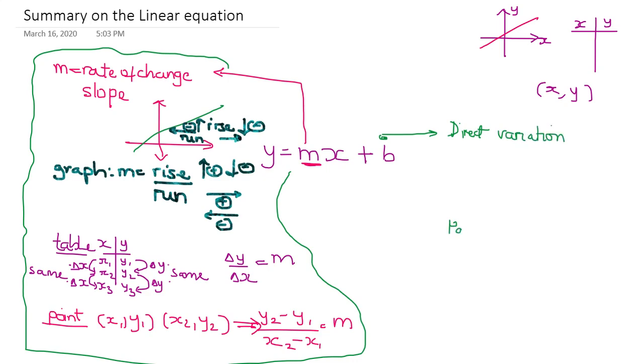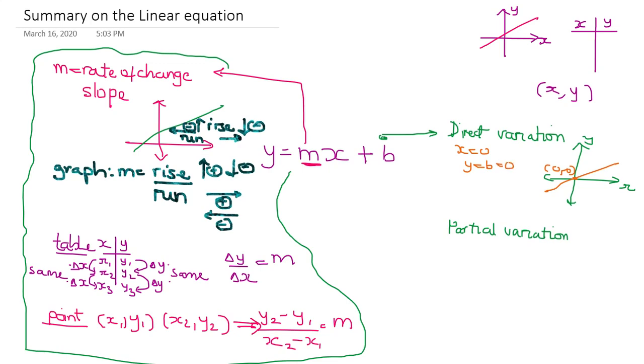And what we recognize is that for direct variation, all we need to do is recognize that on our graph, where we have our y and x labeled, we have our line that crosses the origin, which is at 0, 0 right there. And once you notice that your graph crosses the origin, it means that when x is equal to 0, our y is equal to some value which is b, and b is equal to 0.